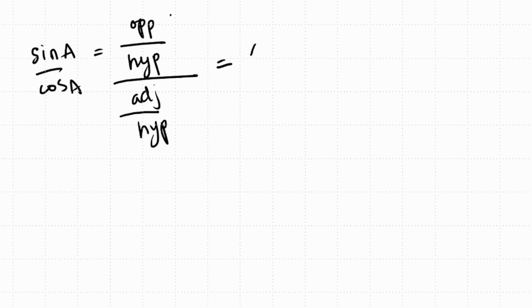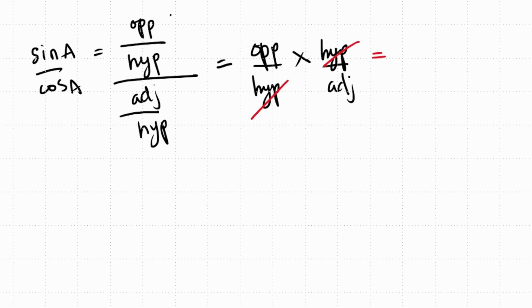This involves reciprocal multiplication, so we'll write opposite by hypotenuse into hypotenuse by adjacent. When you cancel the hypotenuse and hypotenuse, you will get opposite side by adjacent, that is nothing but tan A. I hope this is clear. So sin A by cos A is tan A.